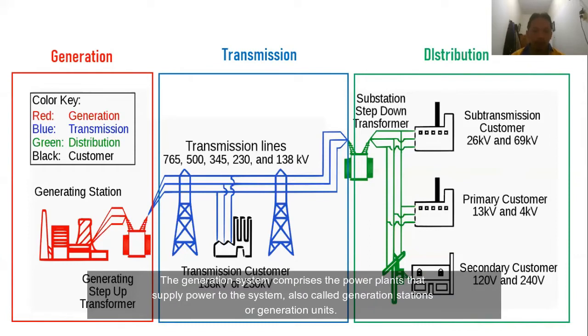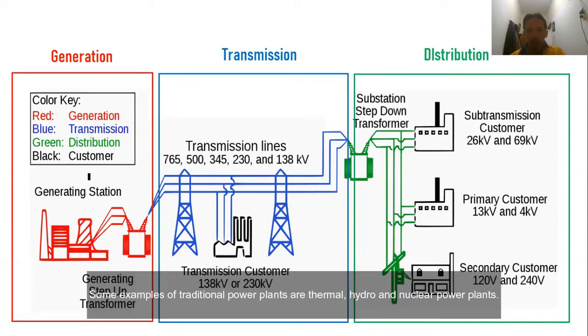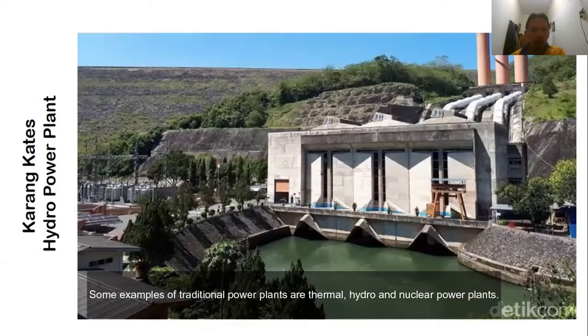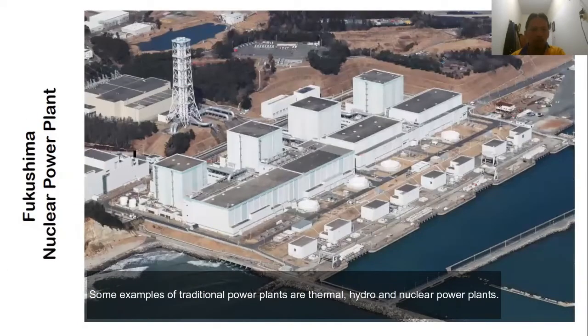The generation system comprises the power plants that supply power to the system, also called generation stations or generation units. Some examples of traditional power plants are thermal, hydro, and nuclear power plants.